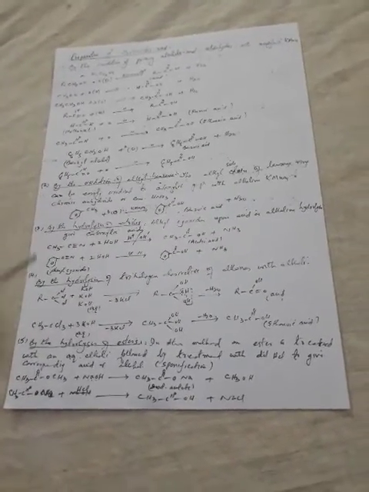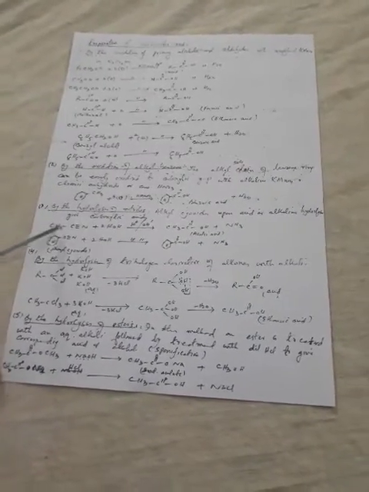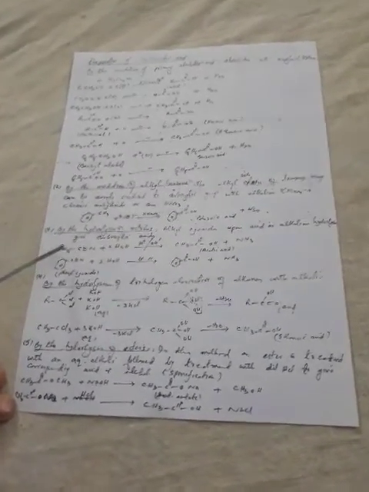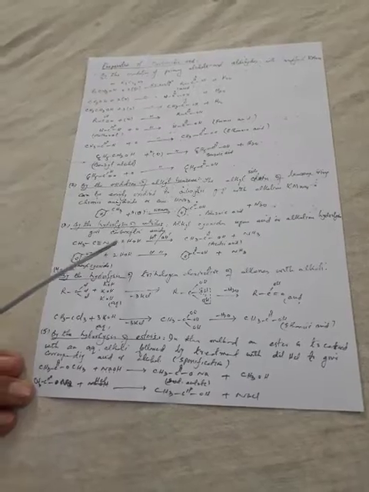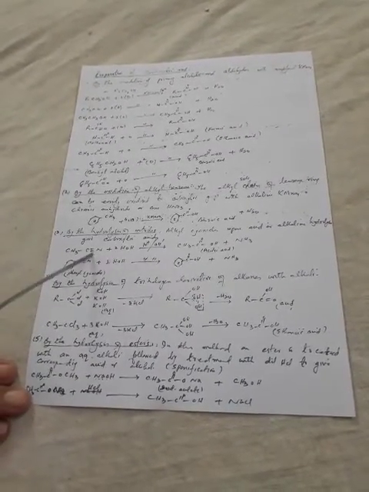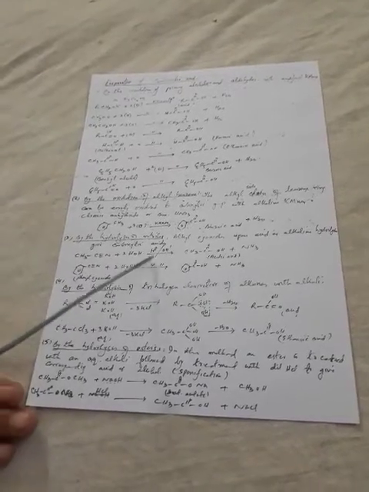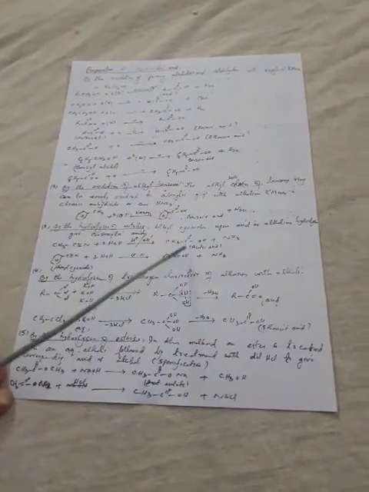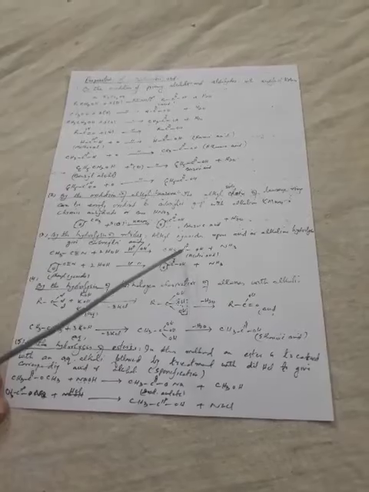This is methyl cyanide, or we can also call it ethanenitrile. Upon acid or alkaline hydrolysis, you can see it gets converted to acetic acid, plus ammonia is also given out.